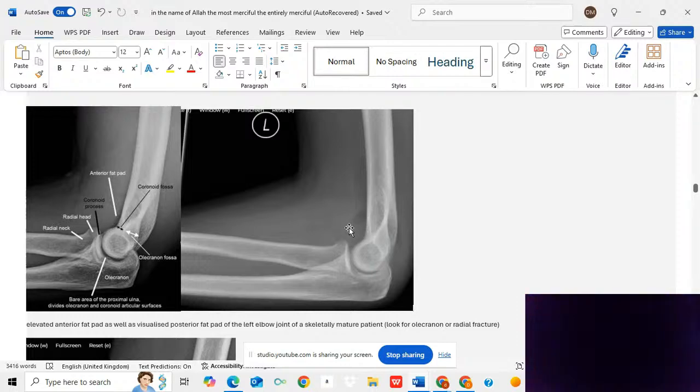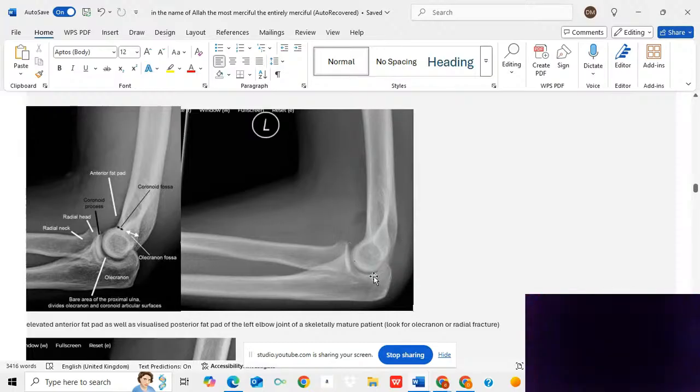It's elevated with sail sign. And the posterior fat pad, look, the posterior fat pad is visualized now, which is abnormal.